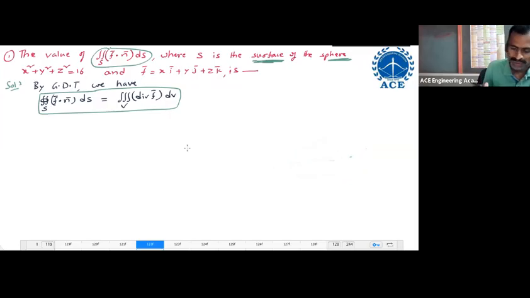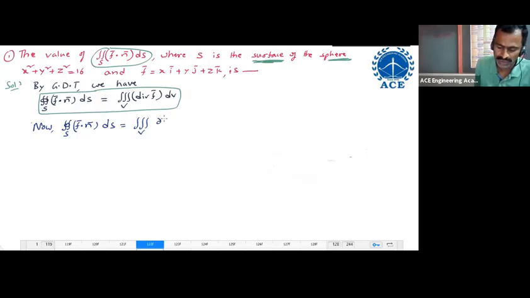We are given a surface integral, and we try to convert the given surface integral to a volume integral with the help of a triple integral. Now, the double integral over S of F bar dot n bar dS equals the triple integral over V of the divergence. We already know how to find the divergence.